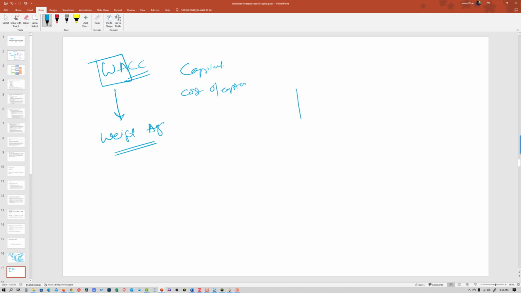Let's say I have a basket here. Pardon my drawing, but assume this is a basket that I have, and I have fruits in it. There are two types of fruits in my basket. One is apple, one is orange. I have 10 apples in my basket and 4 oranges in my basket.